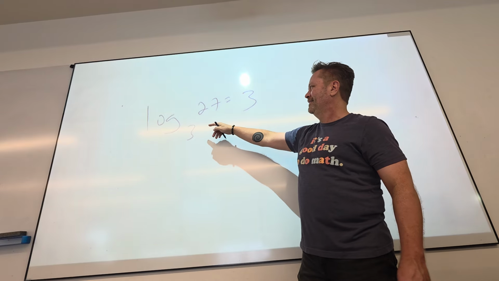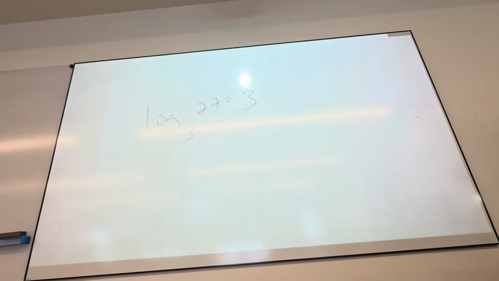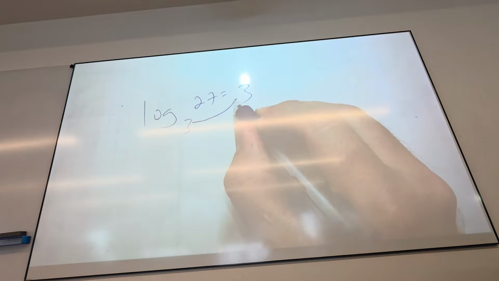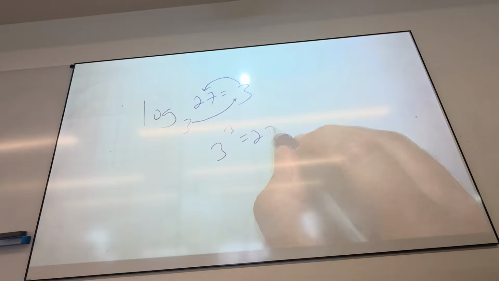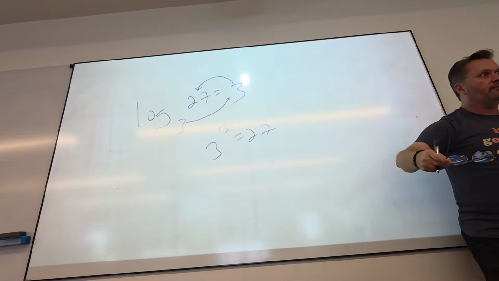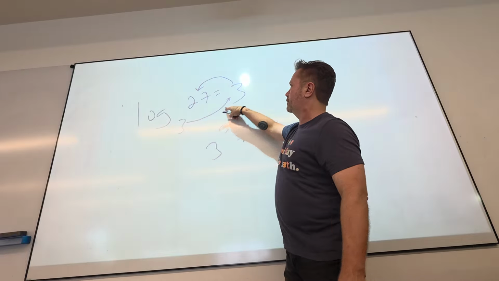So, why is this true? What's another way to write this to represent what we just did? 3 to the third power is 27. I can always rewrite a logarithm as an exponential because that's where the answer came from. The answer is the power it needs. So last semester, my students called this the washing machine.